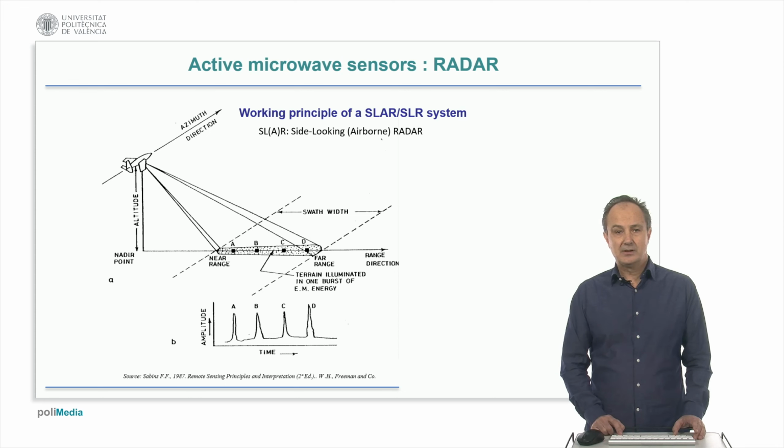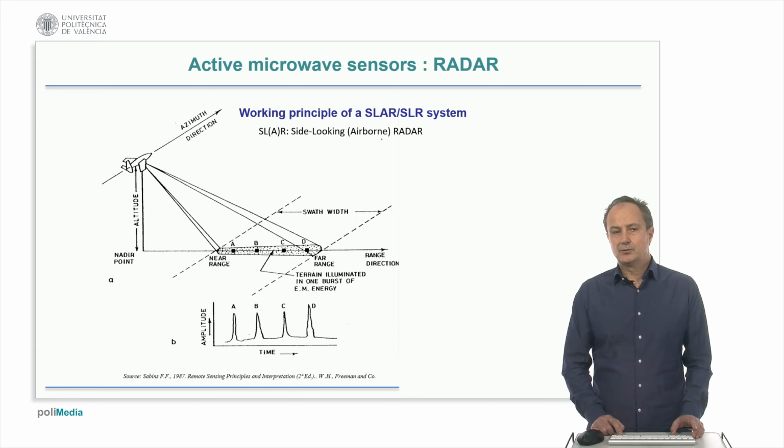The side-looking radar is the most common system for image acquisition. The radar artificially generates pulses of microwave radiation and sends them perpendicularly to the flight line, illuminating narrow strips on the ground. The backscatter energy is received, amplified, and analyzed to determine location, electrical properties, and surface configuration of the objects.